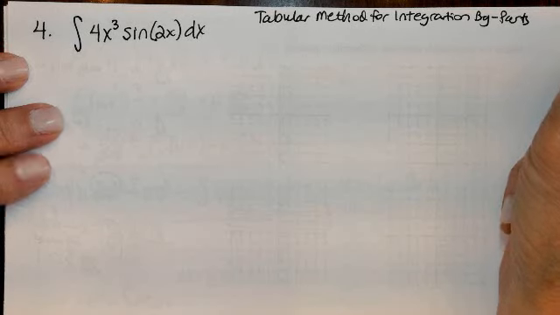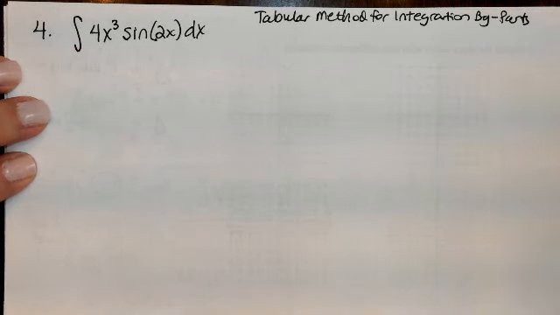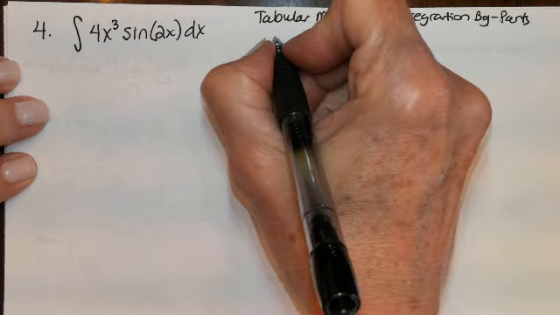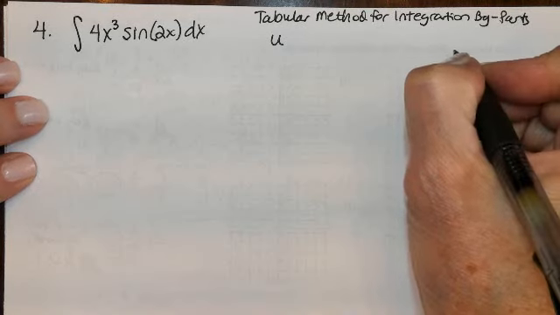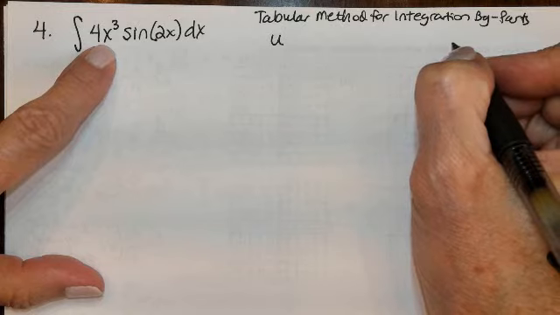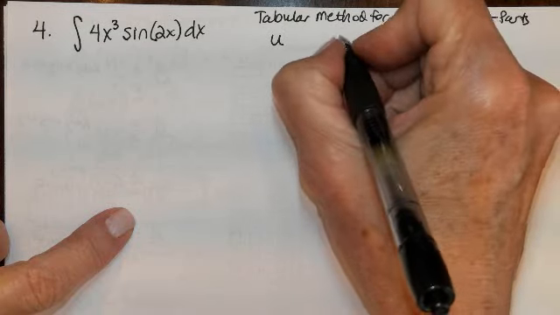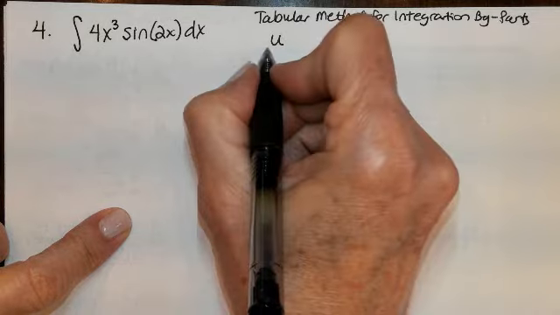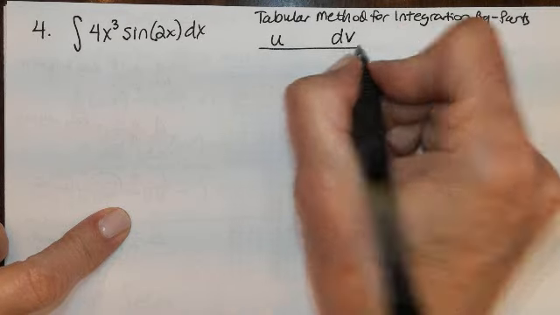Okay, so here's how that works. We're still going to be doing the u and the dv, all right? We're just going to have a column for all of our u's. In this case, we'll have 3 of them. And we're going to have a column for all of our dv's. Okay, here's what we do. There's our 2 things.